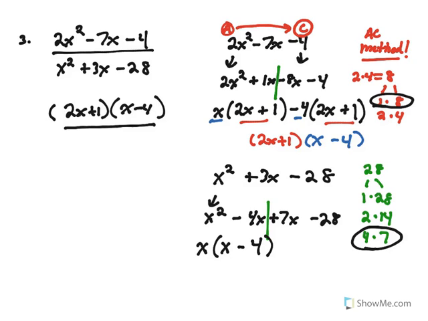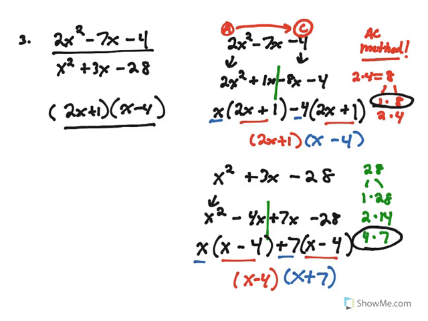Again, the leading coefficient of 7x is a plus, so that needs to be there. And then 7 would be my GCF between 7 and 28. And again, x minus 4. So when I distribute that, I get 7x minus 28. Notice that the x minus 4s are identical, so my two factors are x minus 4 and then x plus 7 go here.